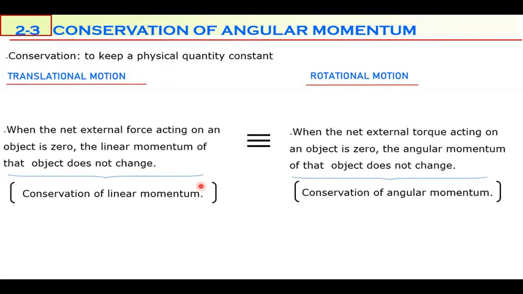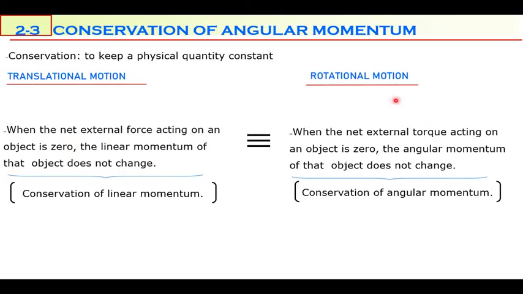A physical quantity is conserved if some conditions are provided. In translational motion, when the net external force acting on an object is zero, which is the condition for equilibrium, the linear momentum of the object does not change. This is known as conservation of linear momentum.